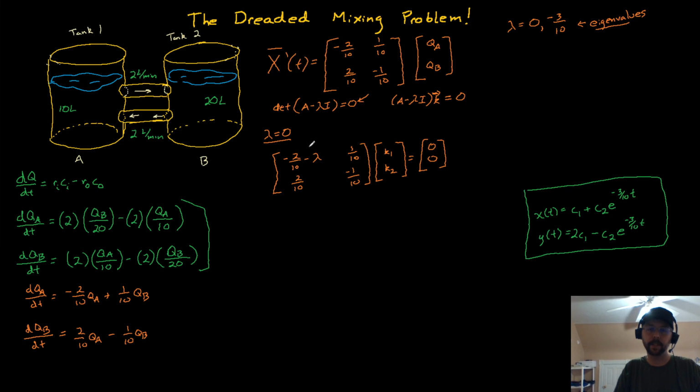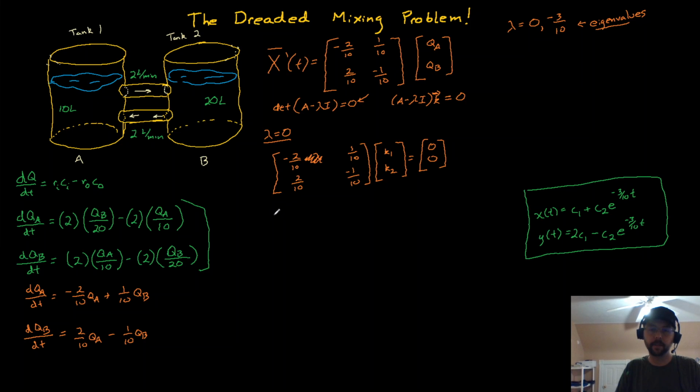Sorry, I need to plug in lambda. So this is negative 2 over 10 minus lambda, where lambda is 0. And this was also supposed to have a minus lambda, so this would have been minus 0. So I can actually ignore that since lambda is 0. So now we're going to multiply the top.